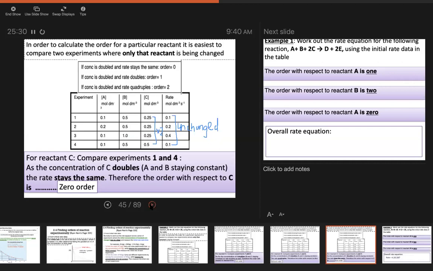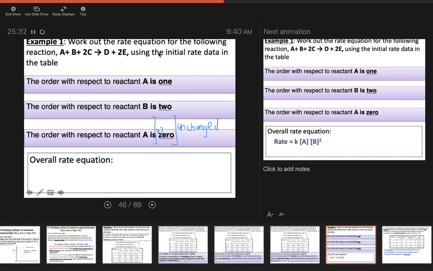Right. So to conclude, your reactant A is first order, reactant B is second order, and reactant C is zero order. Now, how can you write the rate equation?